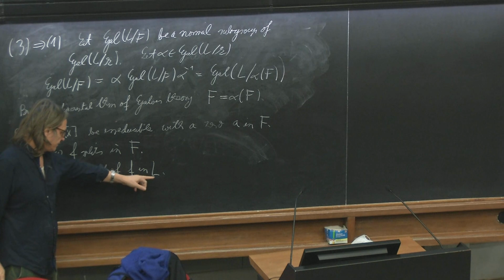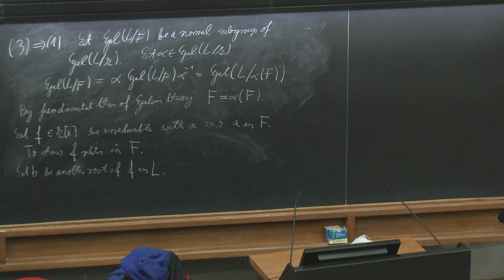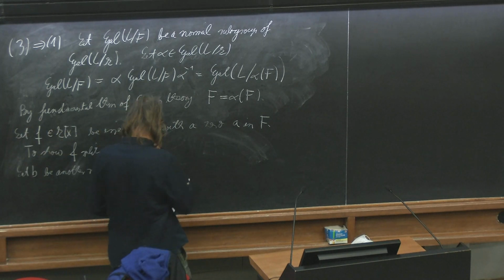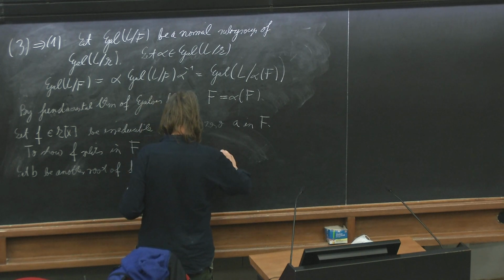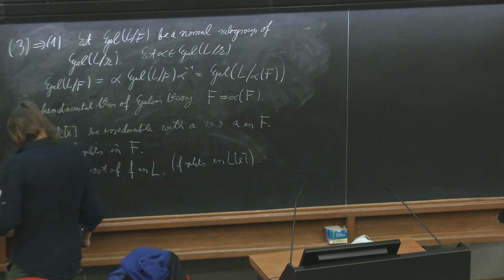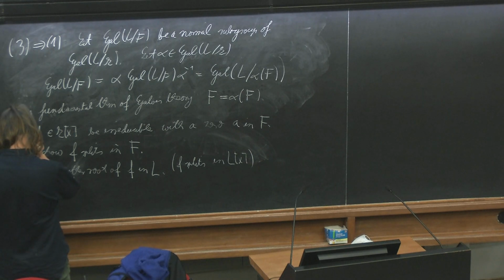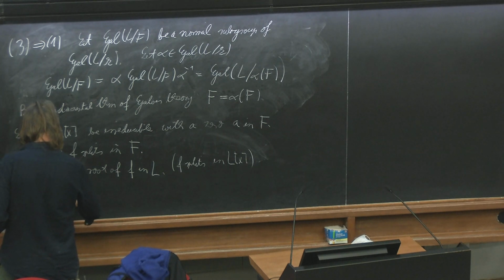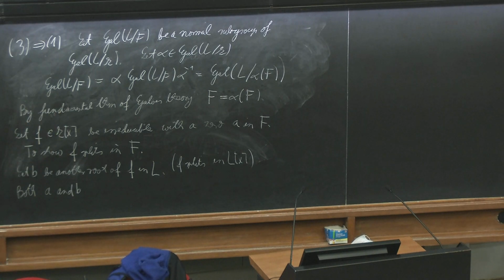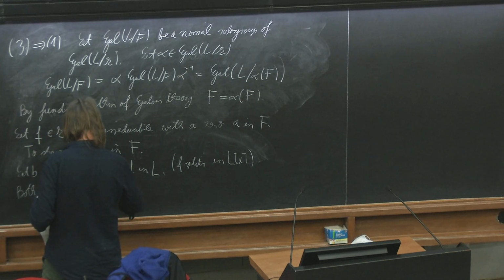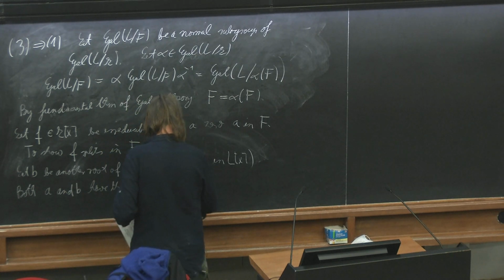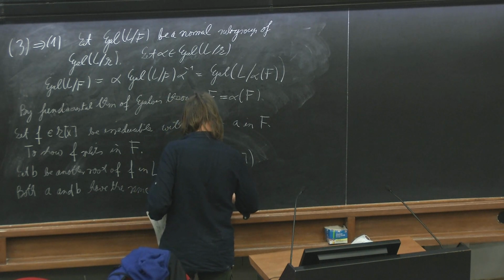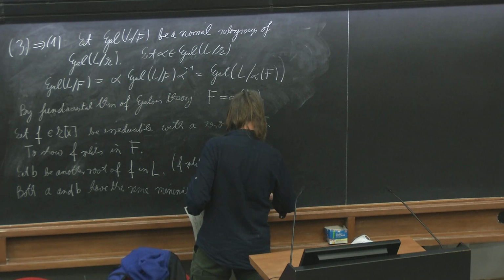So f therefore splits over L. So both A and B have the same minimal polynomial over K, namely our f.